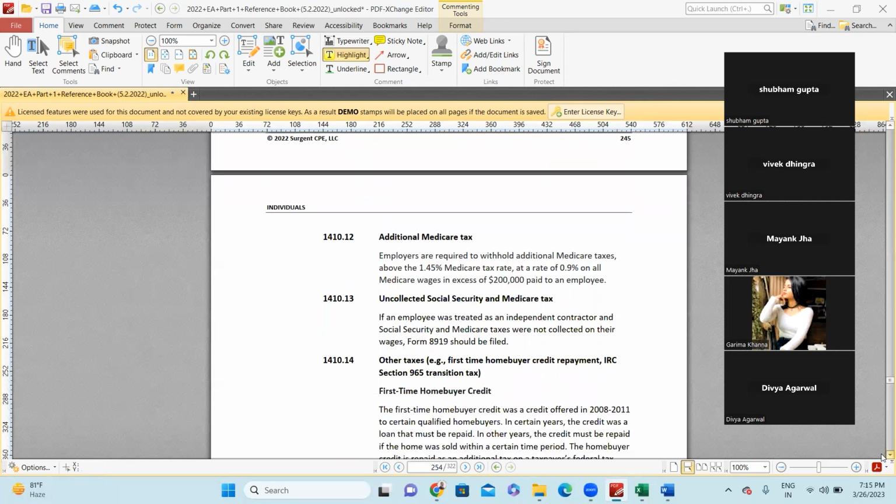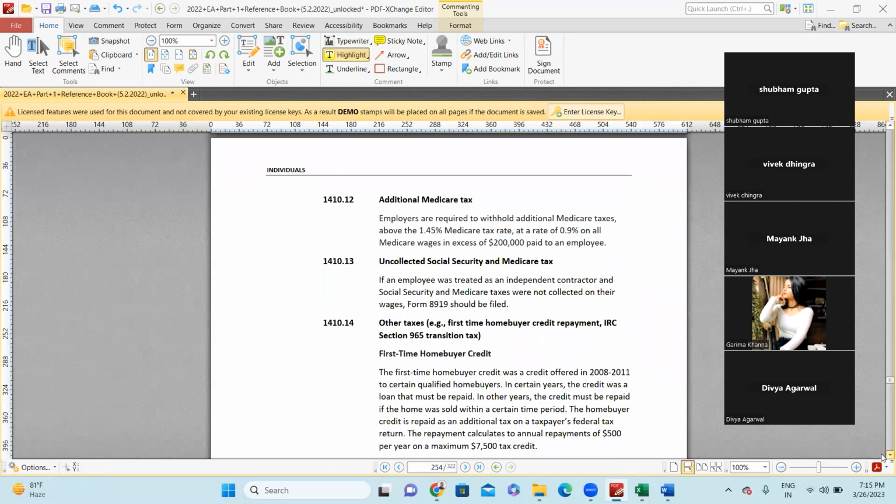Additional Medicare taxes. Normally every employee deposits Medicare taxes and the employer also contributes that, right? But if your income is less than $200,000, then you need to deposit 1.45% of the Medicare tax.